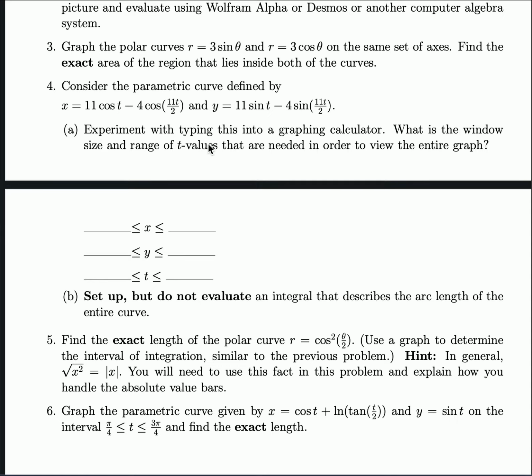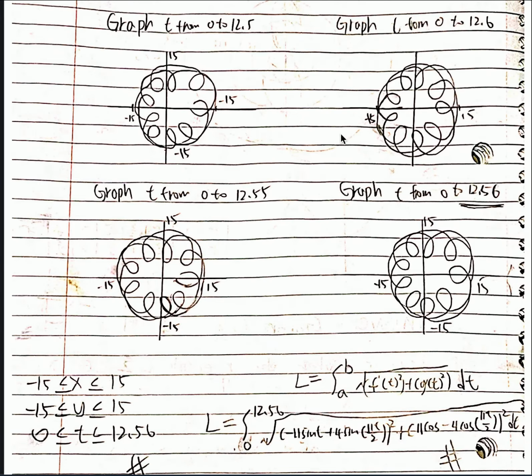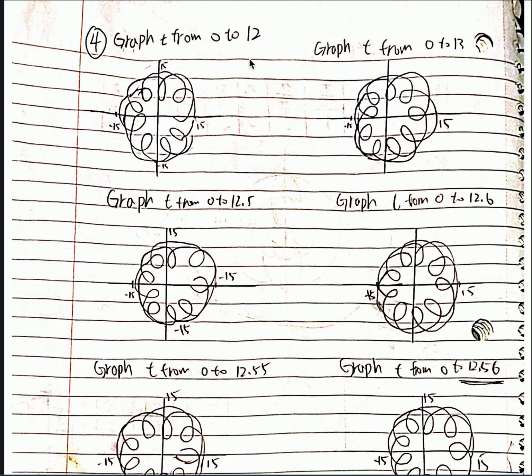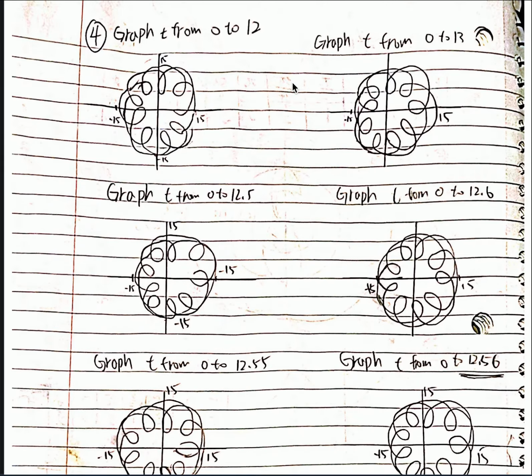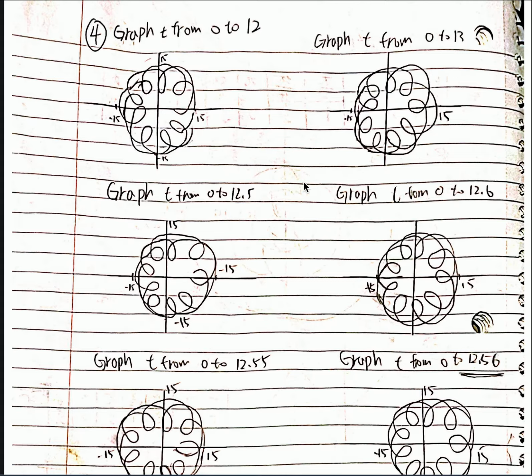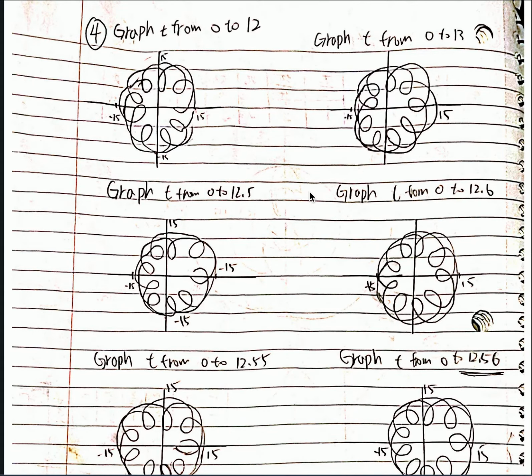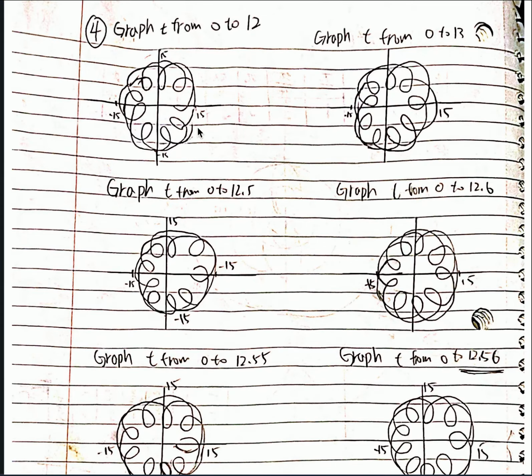So, experiment with typing this into a graphing calculator. So, let's see. Here are the graphs for different values of the upper limit for t. Every time I come across two values of upper limits, we can see one is not complete and the other one is complete.